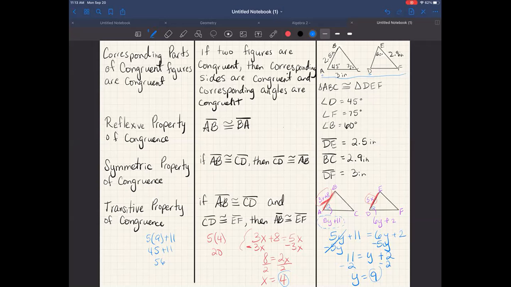Are we good? Kayla's saying no still. Kaylee, did we finish copying the notes? Listen, what I'll do is finish the notes and then I'll come back to this. Did everyone else finish?